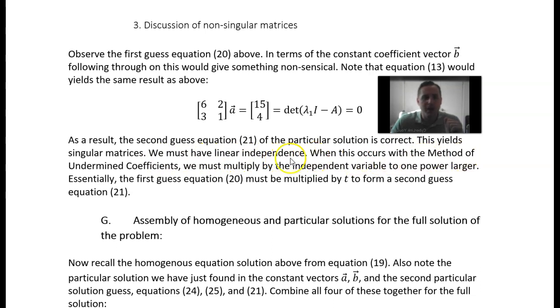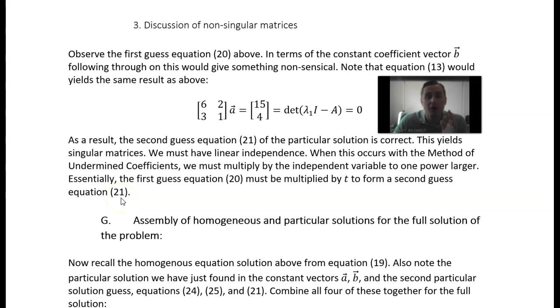This occurs when, in the method of undetermined coefficients, we have to multiply by the independent variable to one power larger. In other words, the particular solution cannot match the homogeneous solution. So essentially the first guess equation must be multiplied by t, okay, to form equation 21.